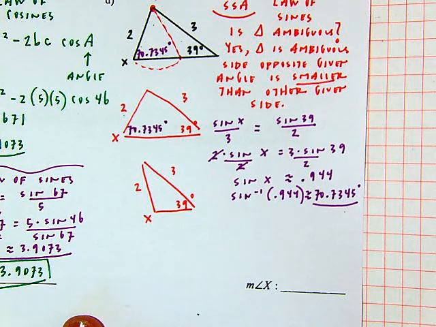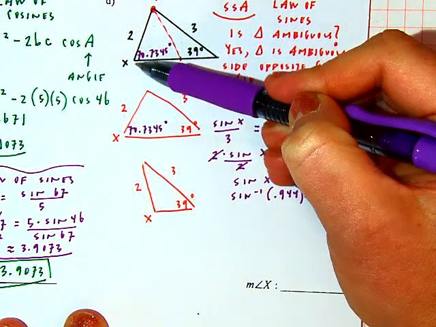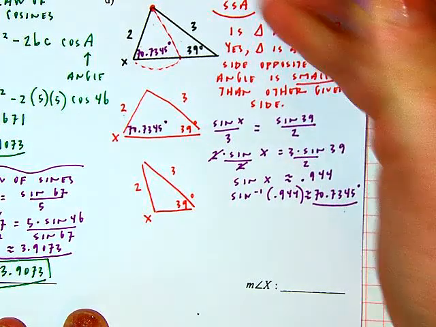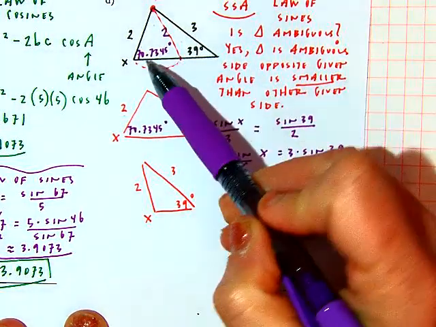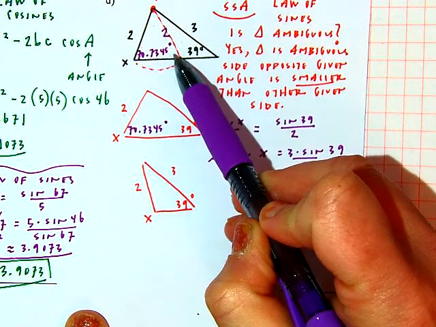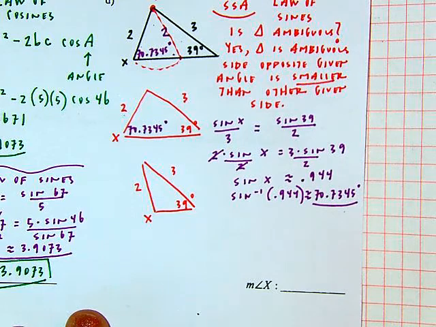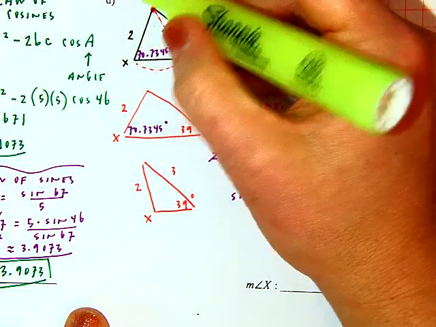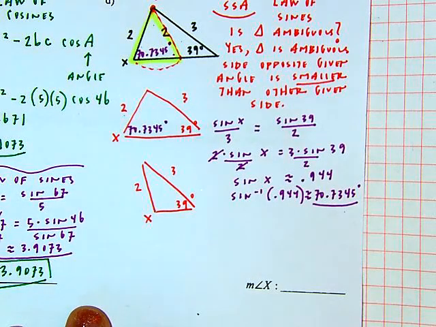But what you have to remember, if this door, right, if this side swings into this position here, I also have a 2 right here. So the angle that's 70.7345 right here is also right here because they are isosceles, right? It's that isosceles triangle. Those base angles are congruent. So it's really imperative that we see that this is an isosceles triangle with those congruent base angles.